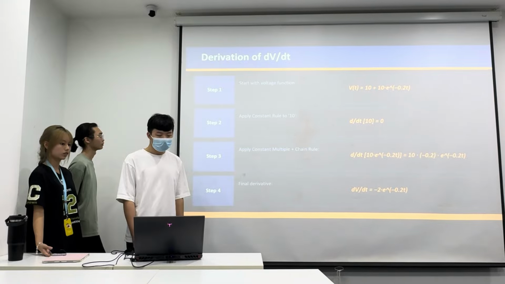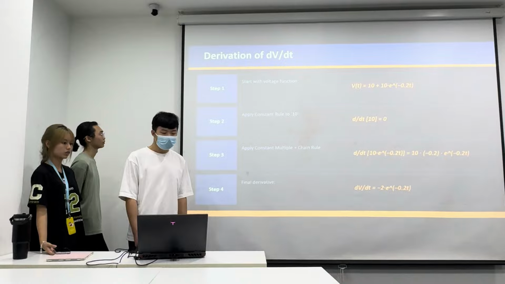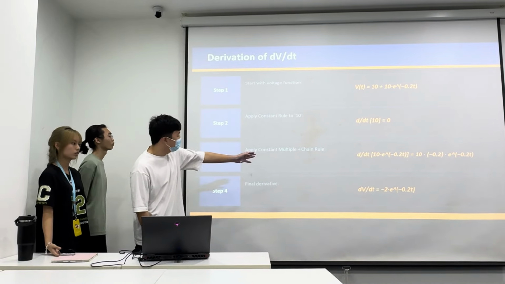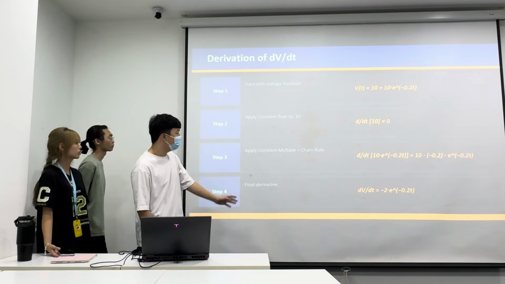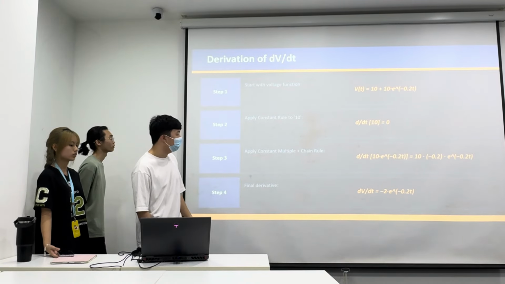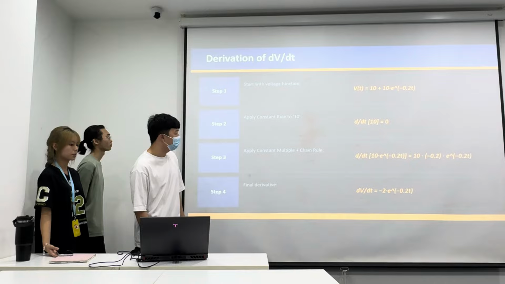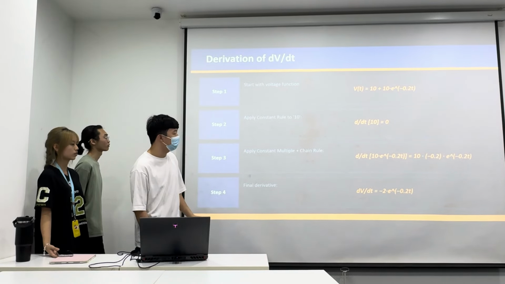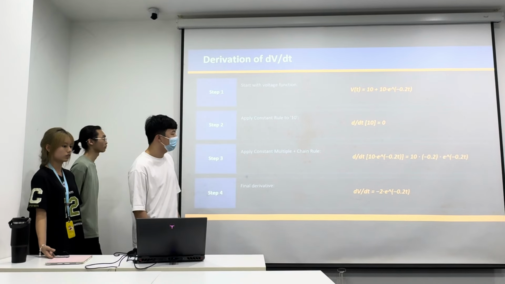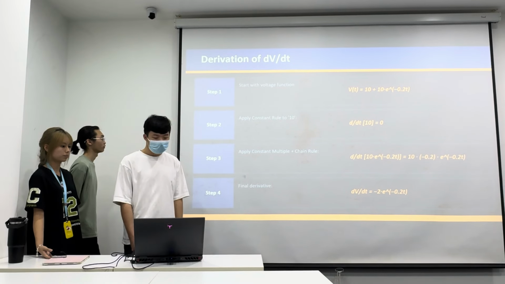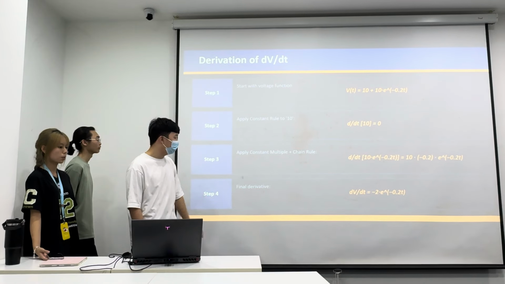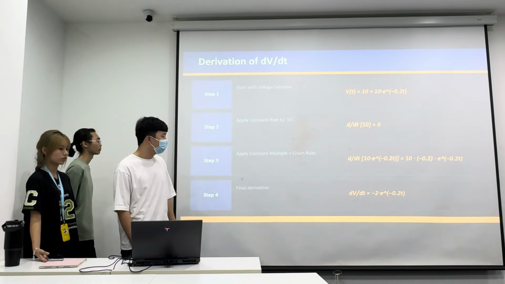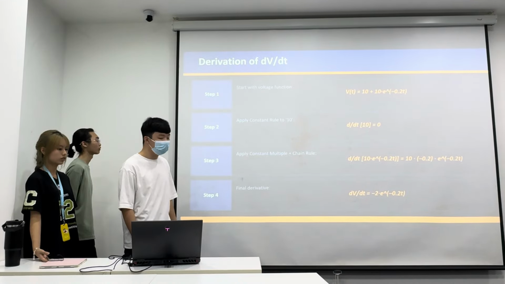When we multiply that by the 10 in front, d over dt of 10 times e to the power of negative 0.2t equals 10 times negative 0.2 times e to the power of negative 0.2t. That brings us to step 4, the final answer: dV over dt equals negative 2 times e to the power of negative 0.2t.